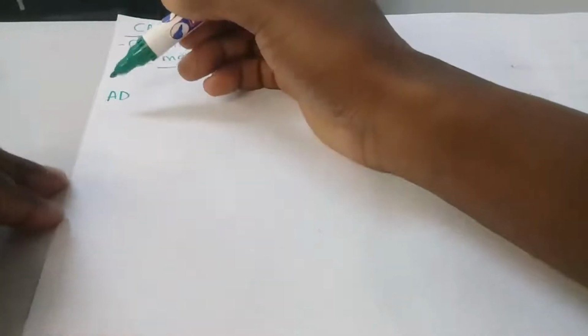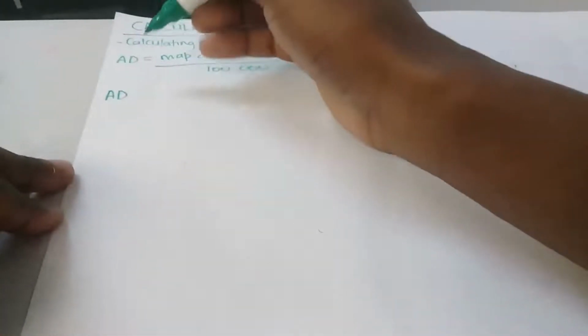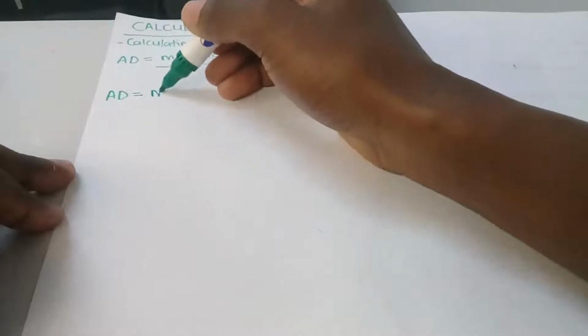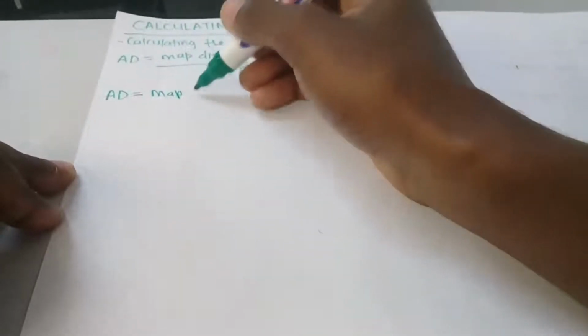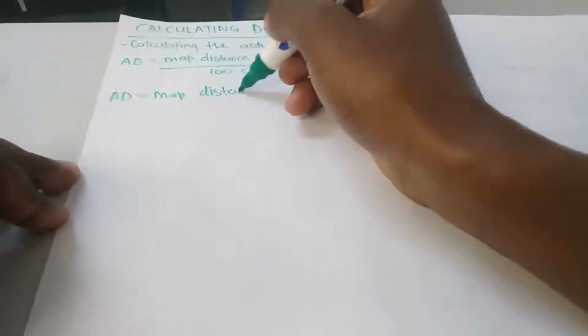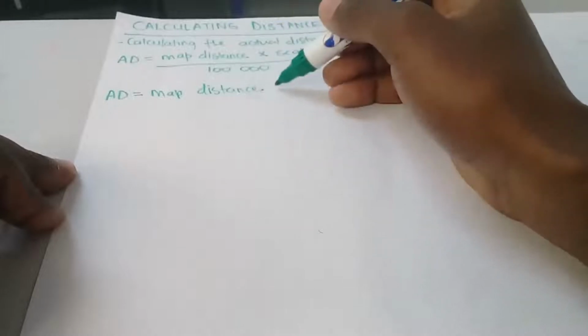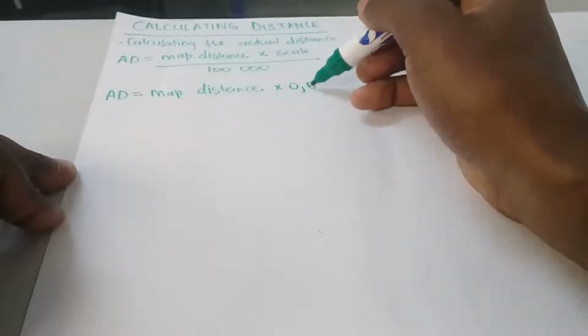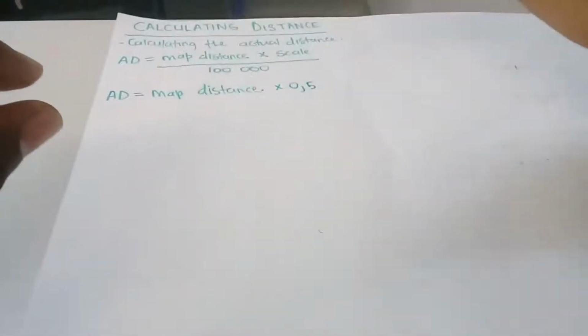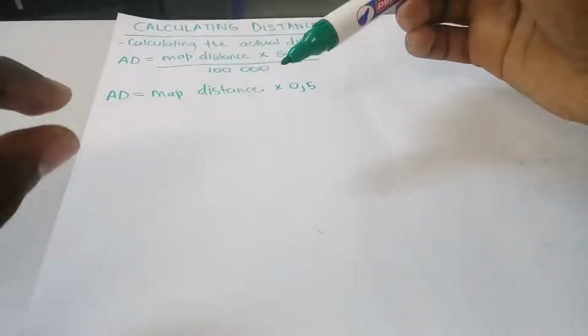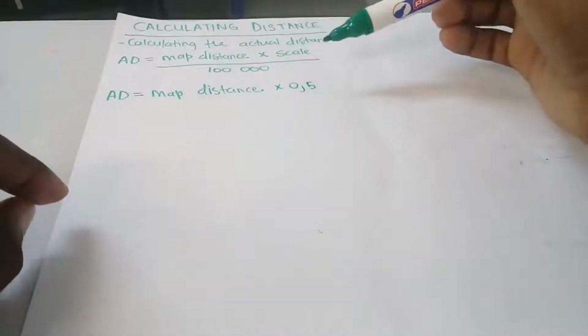in the topographic map, okay, but there is an easier way for the actual distance. This is the second option, which I can say you must always use: actual distance is equal to map distance, for topographic map, multiplied by 0.5, because if you convert the 50,000 centimeters scale to kilometers, it becomes 0.5 kilometers, okay?